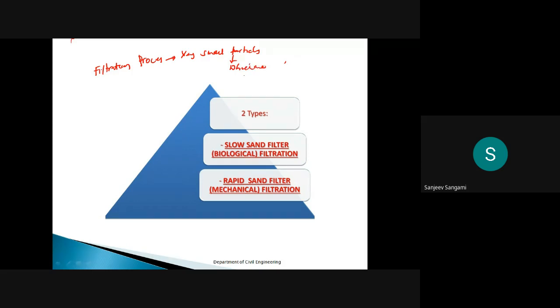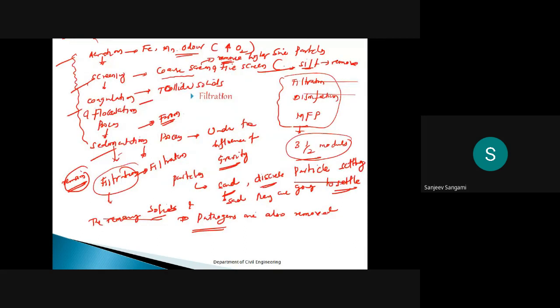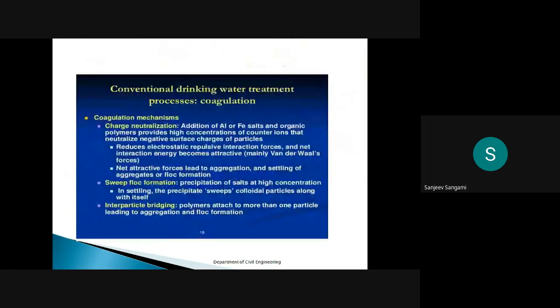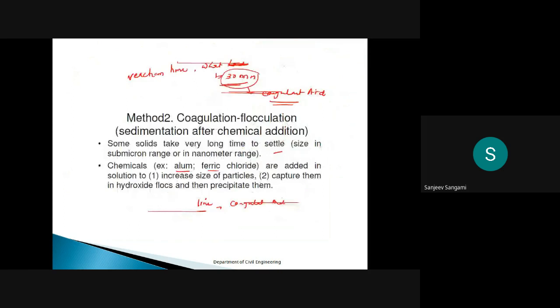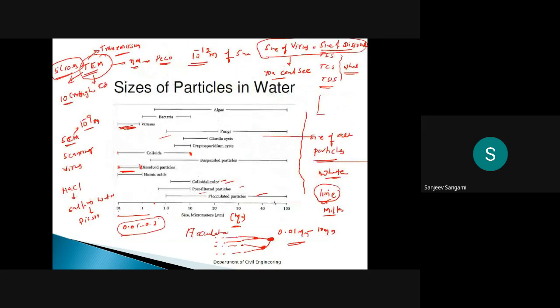I already explained, if you go back to the chart of the size of the particles, some of the colloidal solids, 99% we are going to remove, and the 1 or 2% of the colloidal solids that remained in the coagulation process, this also we will remove.